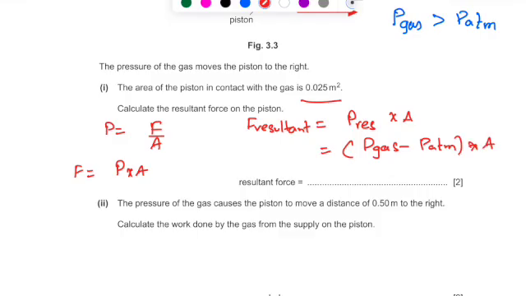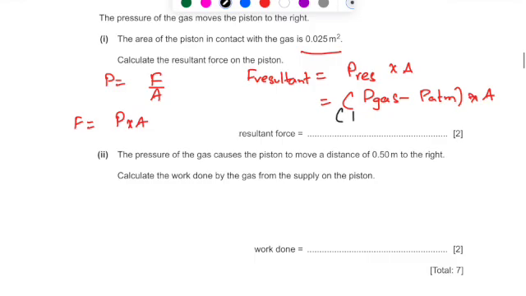So it is 1.04 times 10 to the power of 5 minus 1 times 10 to the power of 5, times the area, 0.025. Simplify that by the calculator and you should get 100 newtons. That is going to be the force. Don't forget to write the units.